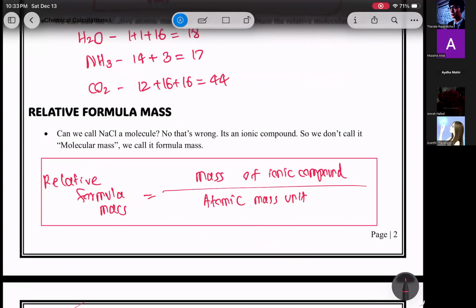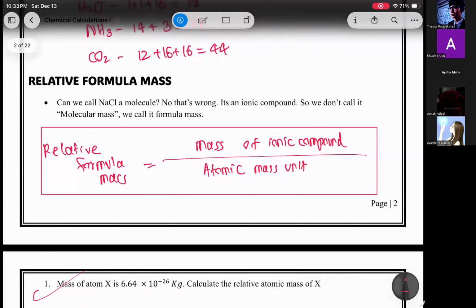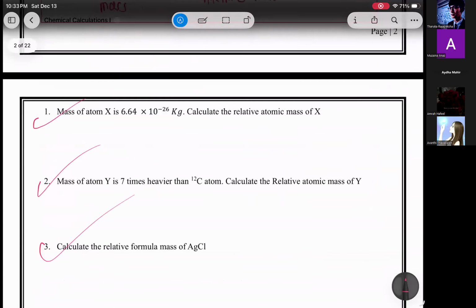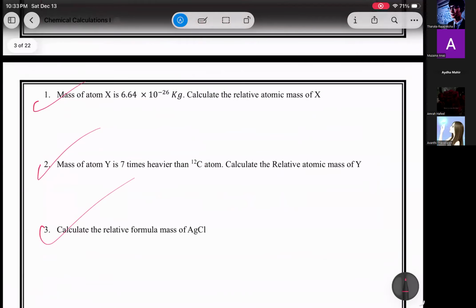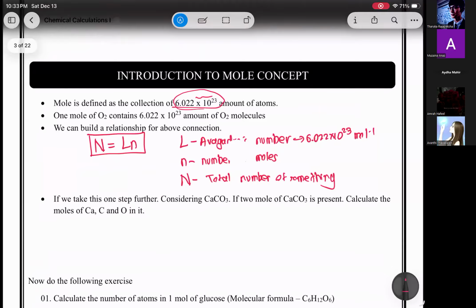We can't say molecules for ions. So the mass of the ionic compound divided by the atomic mass unit gives the relative formula mass. Then you have 3 calculation questions. You can do them as homework. Then the topic we discussed, introduction to the mole concept. I told you what a mole is and the equation to connect the number of molecules with moles.